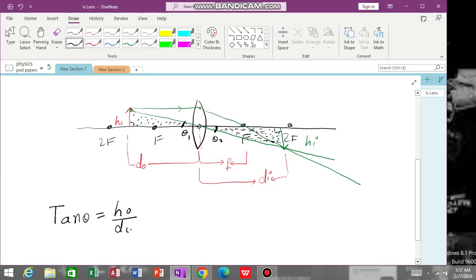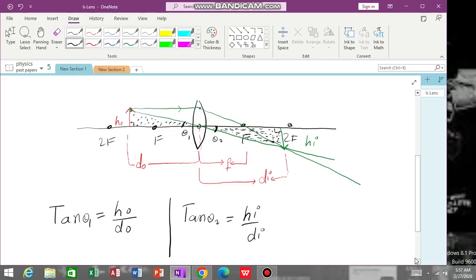So tan theta is equal to HO divided by DO. Similarly, in the other triangle, let's take tan theta 2. If this is theta 2, then the opposite side, this one, is the perpendicular, which is HI, and this one is the base, which is shown by DI. So I can write that tan theta 2 is HI divided by DI.